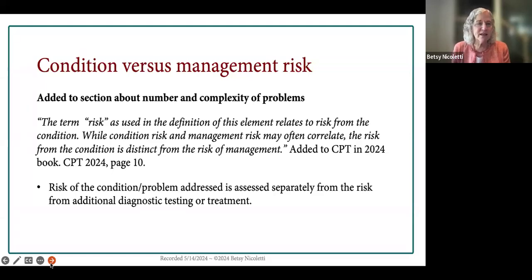So when we're assessing a note, when we're deciding what the level of service is, we're going to separately assess the condition or problem addressed, the risk from that problem, from the risk related to additional diagnostic testing or procedures or treatment.